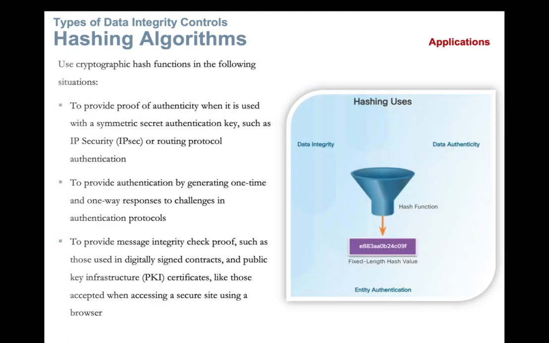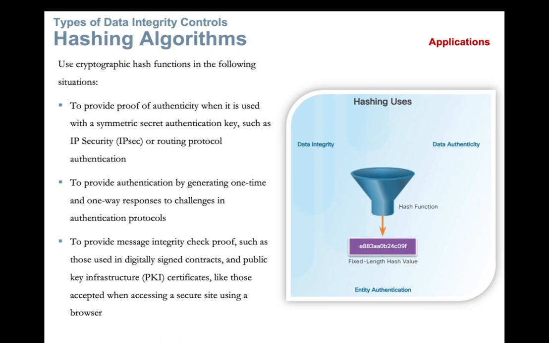Avoid the secure hash algorithm one family and message digest 5, that is MD5, due to the discovery of security flaws in production networks. Implement secure hash algorithm 256 bit or higher.